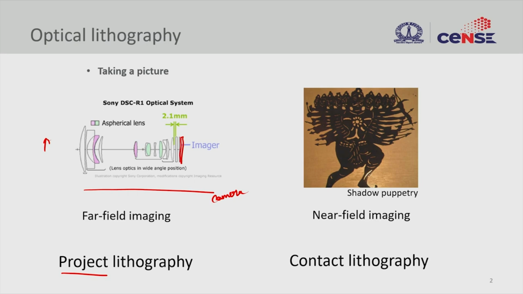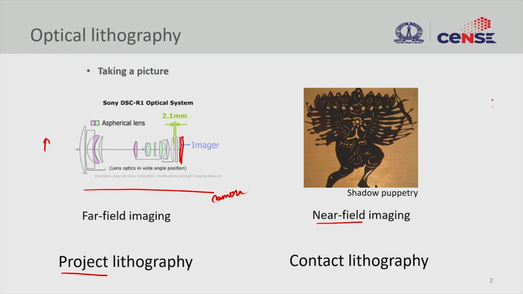On the other side, you see near field imaging. This is similar to the puppetry that we have seen in these art works, right? So here the idea is you keep the object very close to the screen, right?